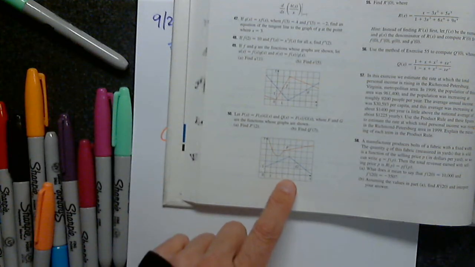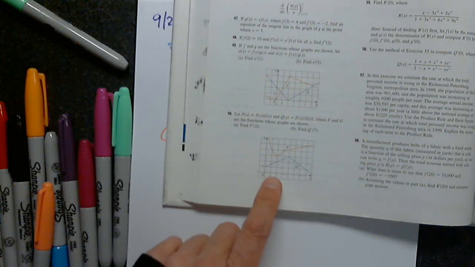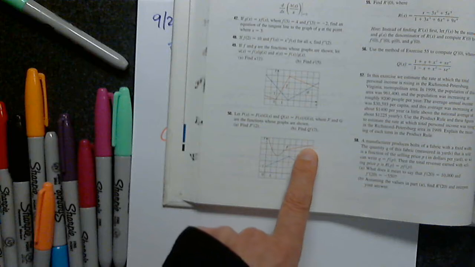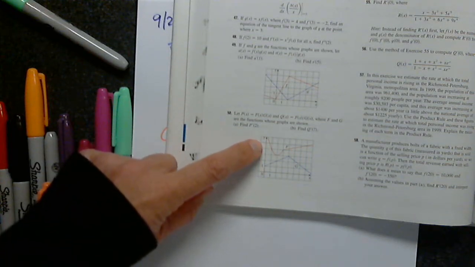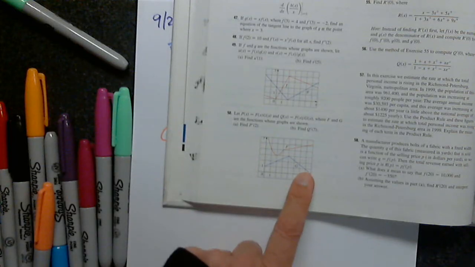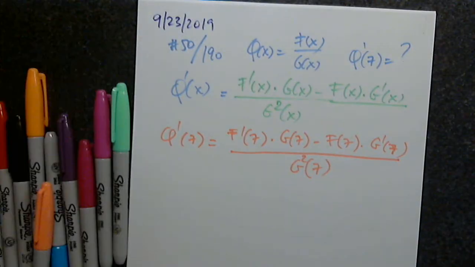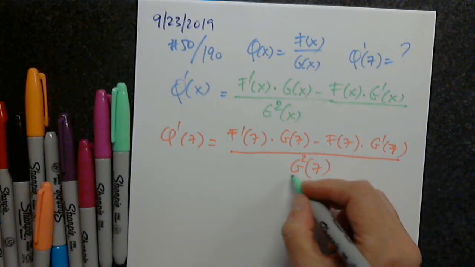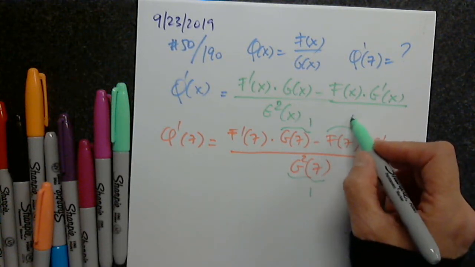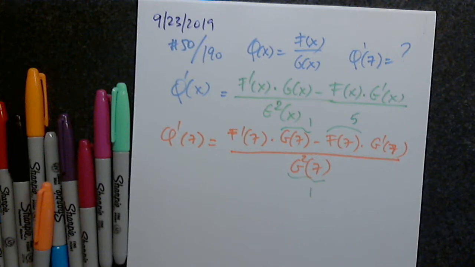Is it 1, 2, 3, 4, 5, 6, 7? Yes. How much is f of 7? I think it's 5. Correct? Okay, and g of 7 is 1. So I'm going to write g of 7 is 1. And f of 7, you said it was 5. I will zoom out in a blink.